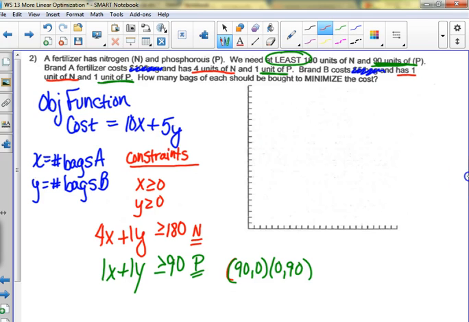Before I try to scale this paper, maybe I should talk about the other one. Where are the intercepts on this one? 0, 180, and if y was 0, 180 divided by 4 is 45, maybe? Okay. So if I go across 0 and up 180, I'm just going to make this 180.